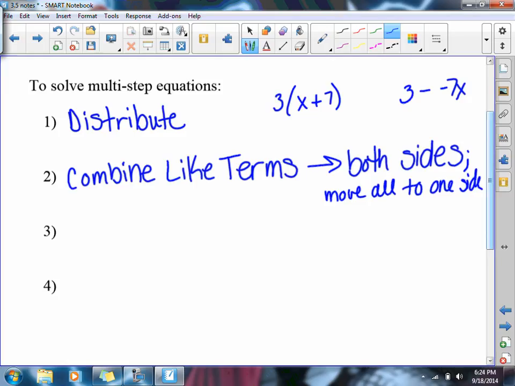So it's a two-step process for combining like terms. By the time we do that, we'll have a one or two-step equation that we can solve.